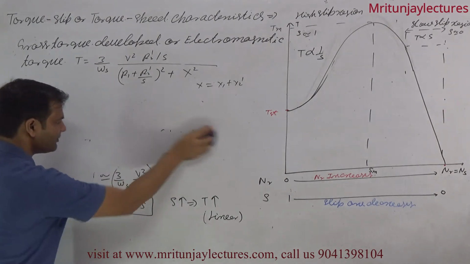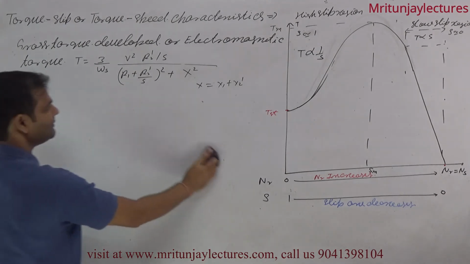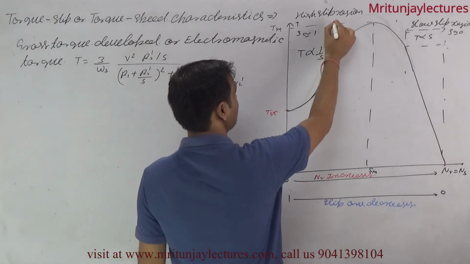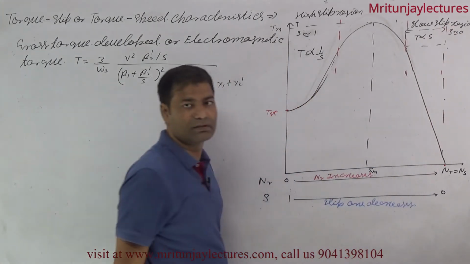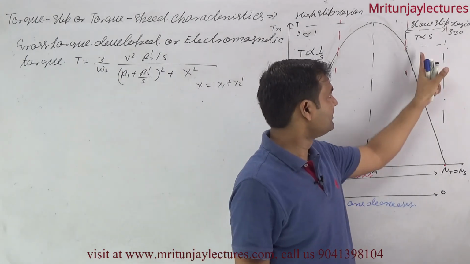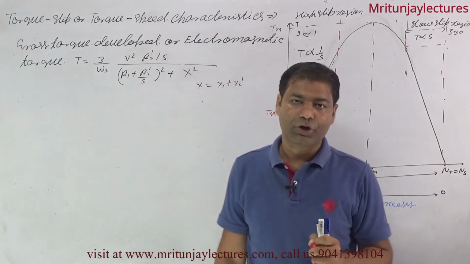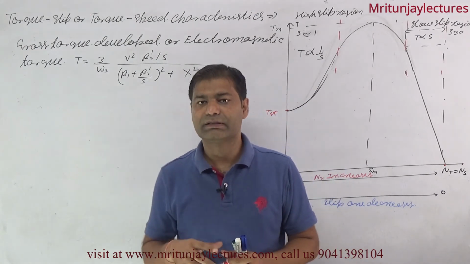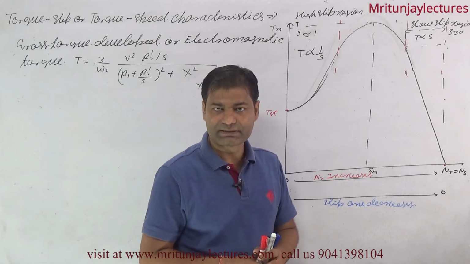For maximum torque, for example, point to this region and this region. This region is the high slip region, that is S closer to 1, and the low slip region is S closer to 0. In the high slip region, what about torque? The torque-slip relation behaves as a rectangular hyperbola, like T is inversely proportional to S, and in the low slip region, T is proportional to S. Clear?